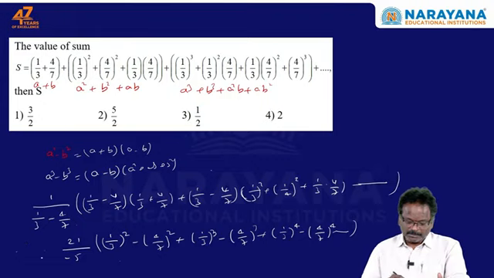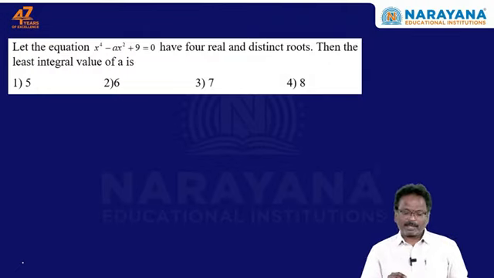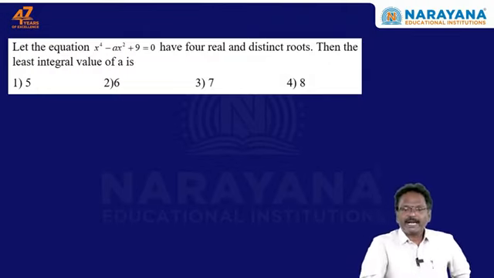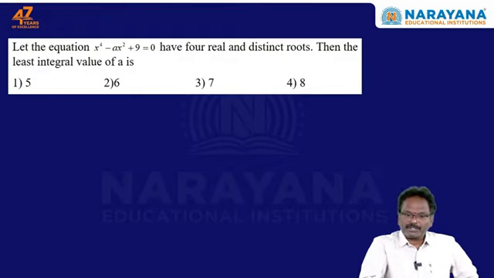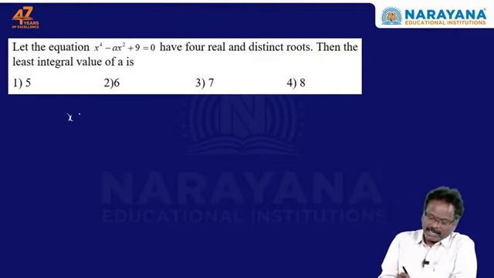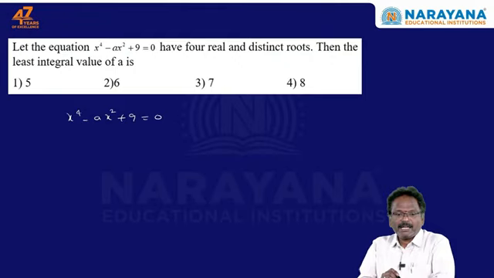Now next question in mathematics is: let the equation x power 4 minus ax square plus 9 equal to 0 have 4 real and distinct roots, then find the least integral value of a. This is from expressions and equations. You observe this equation, clearly this is a fourth degree equation.